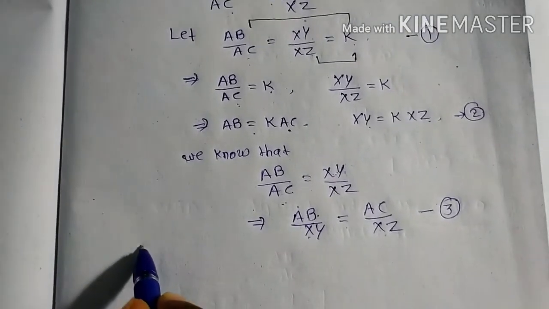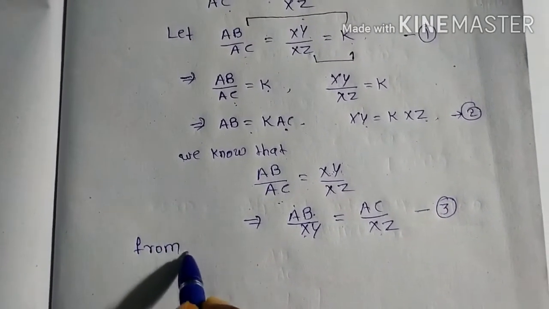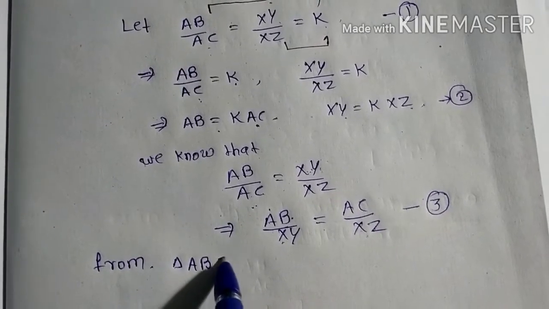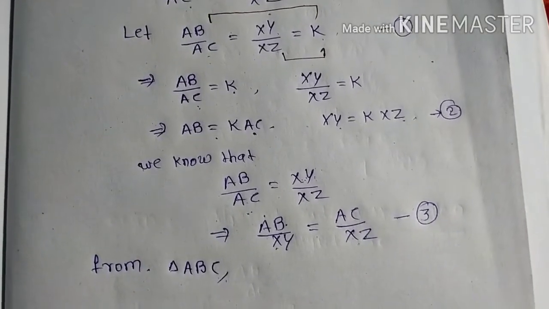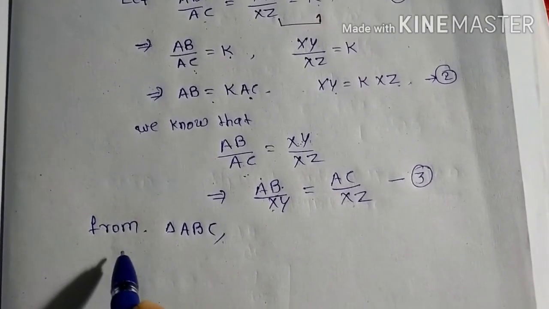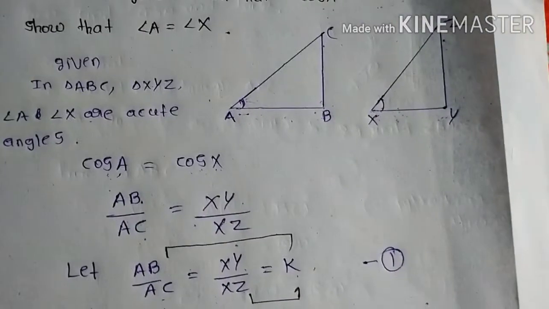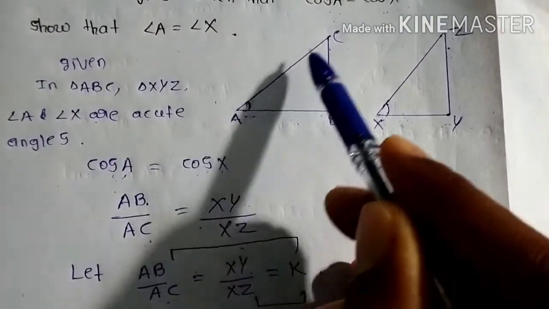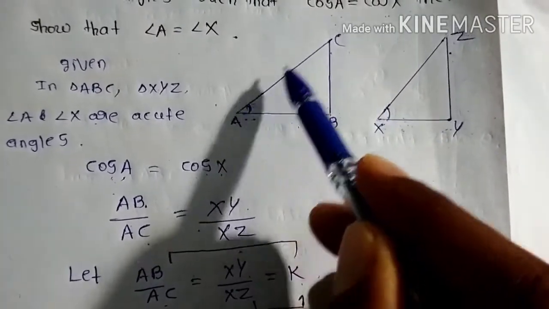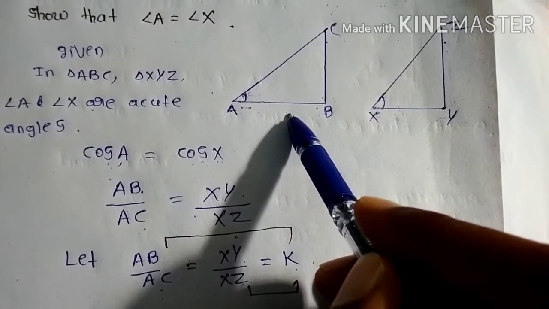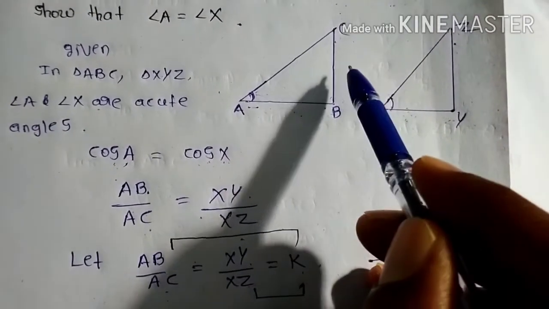From triangle ABC, using Pythagoras theorem. What is meant by Pythagoras theorem? Hypotenuse square, that means here AC square, is equal to the sum of the squares of the other two sides.